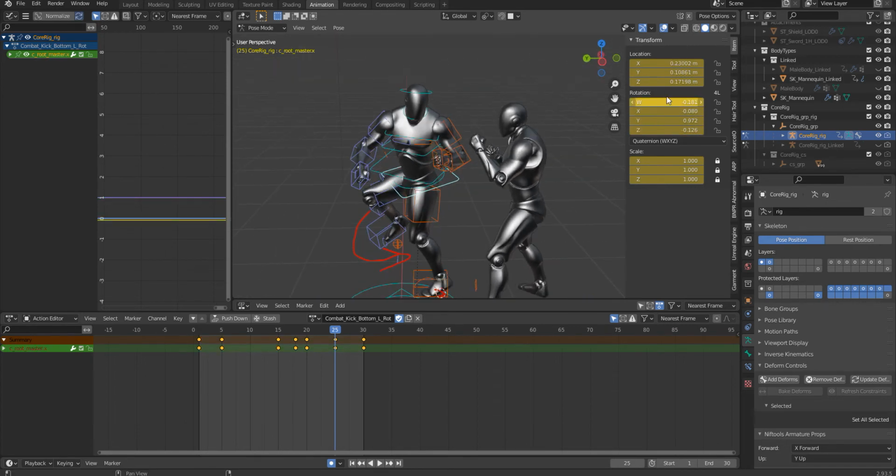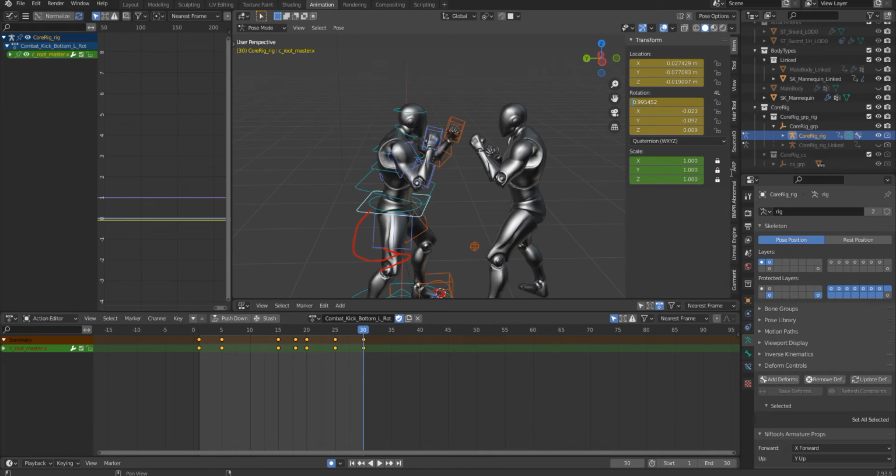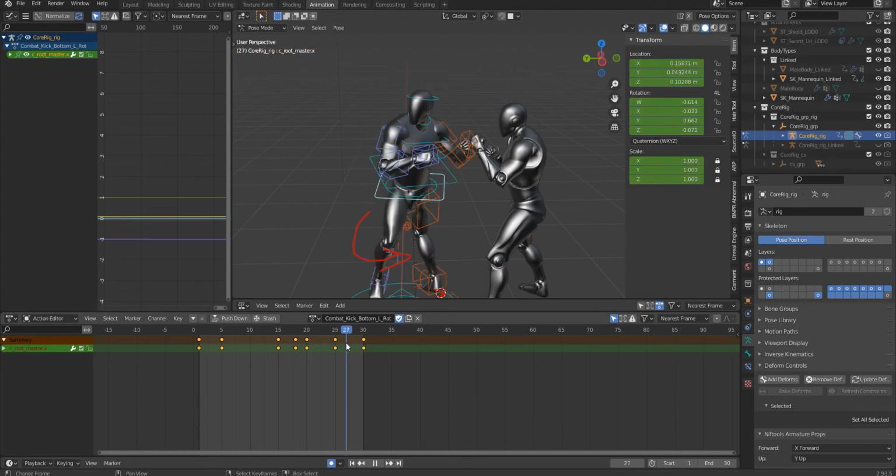For example, here minus plus minus, and here, let's just invert it and put here minus. Wait a second. This one should be minus, this one should be plus, and this one should be plus, and this one as well will be minus, like this, and it should fix our rotation.